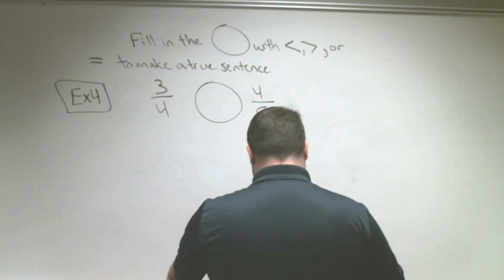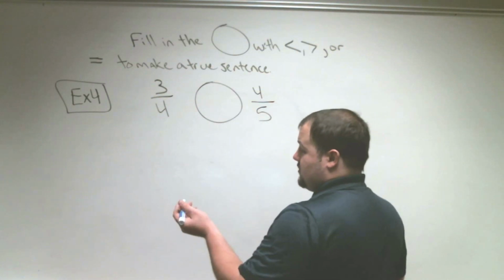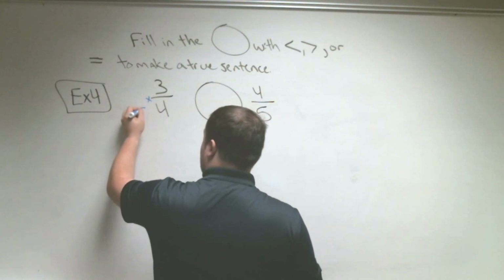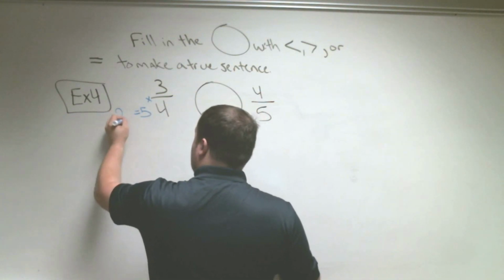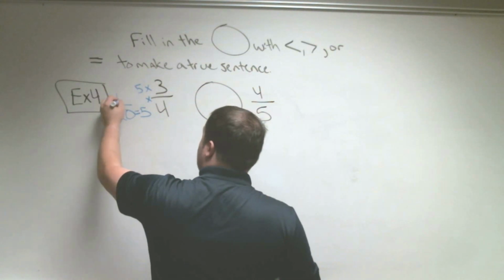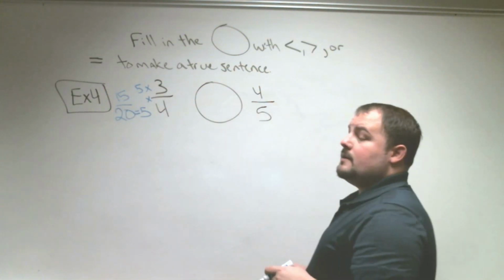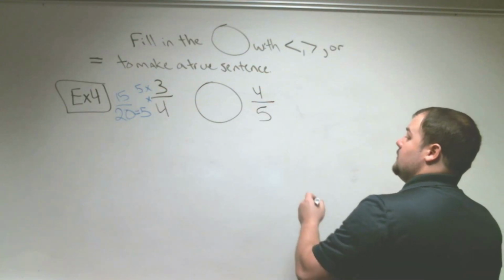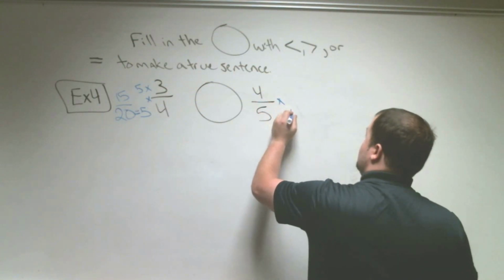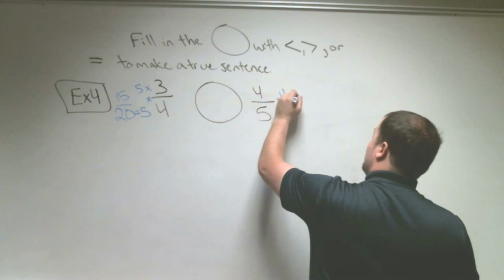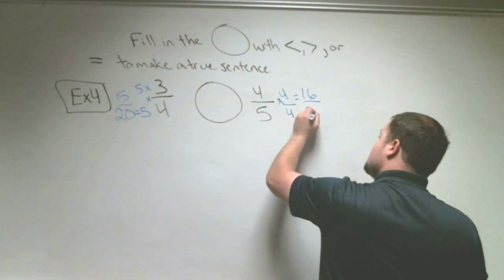So what we would do is change these fractions so that there's something out of 20. So we multiply 4 by 5, which gives us 20. We multiply 3 by 5, which gives us 15. So 3/4 is actually the fraction 15/20. Multiply this by 4, and we multiply the 4 by 4, so we get 16/20.